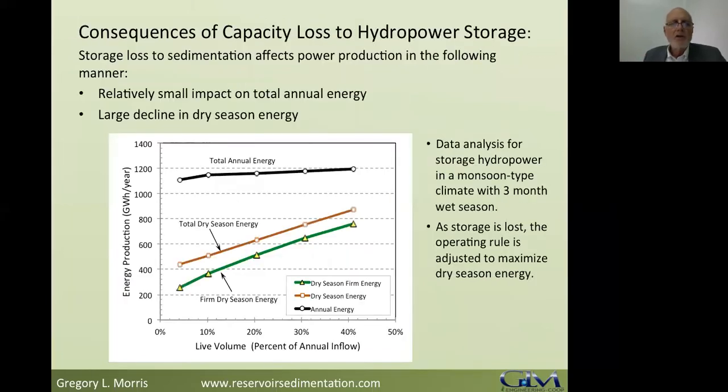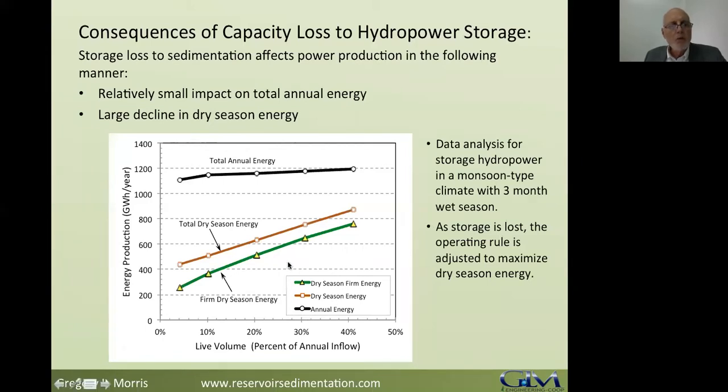Now, in the hydropower sector, the story is a little bit different because turbines are usually sized to process a substantial flow. So in a hydropower reservoir that's operated for storage, your total annual energy doesn't change that much as your live volume changes. I've run these analyses for wet climate reservoirs, humid zones, South America.